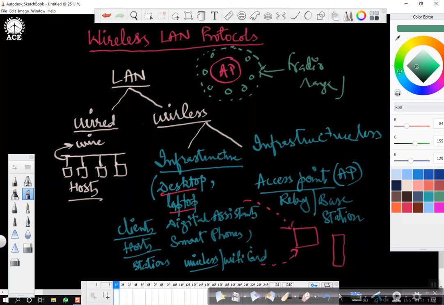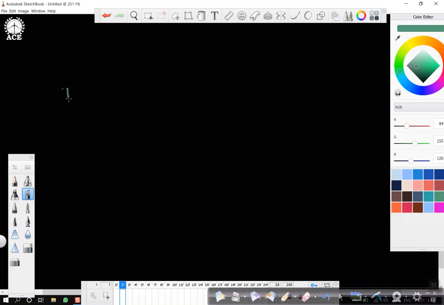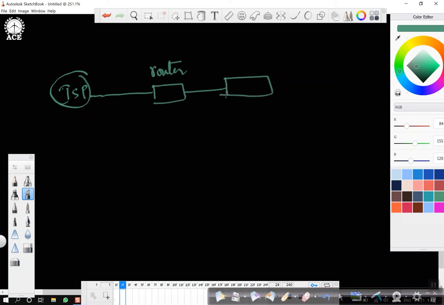So what we do is, suppose in the next one I show, suppose this is my ISP, Internet Service Provider. So the ISP will provide maybe a wired or wireless link to me, and in the college I will have this router, right? So through this router, maybe I take different wires, and then maybe I may have a switch here, through which I connect to different buildings.